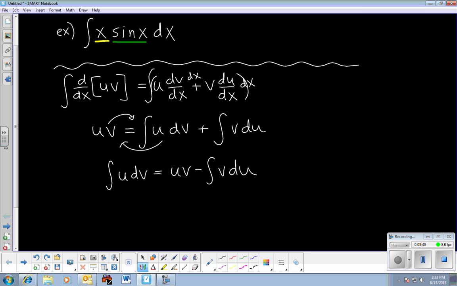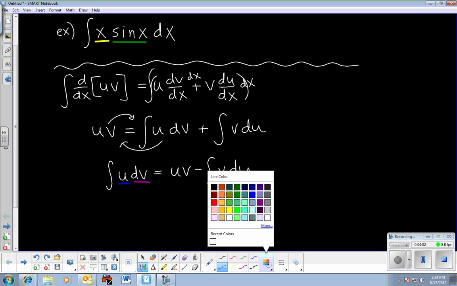So when it's all said and done, what I come up with is a formula where inside my integral I have two parts. One of them is going to be a function u. The other one is going to be a dv that happens to be the integral of some other function v. So we're going to figure out what v is and go on from there.